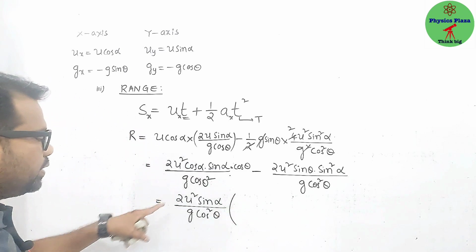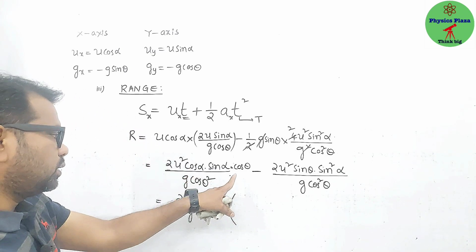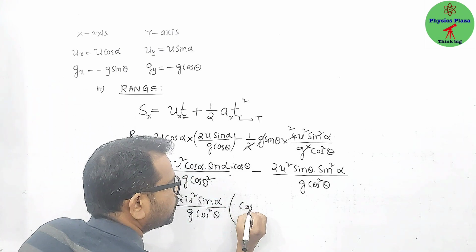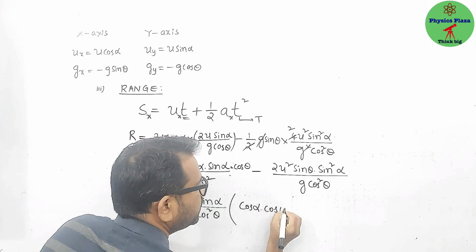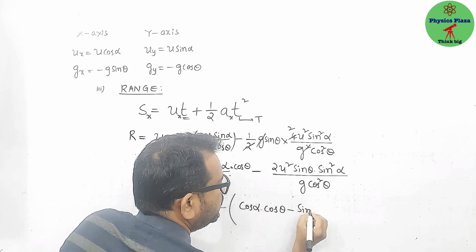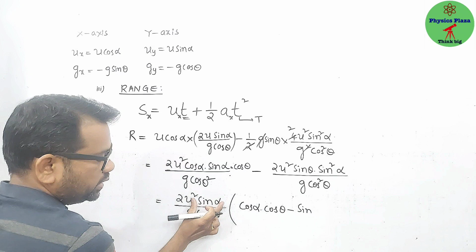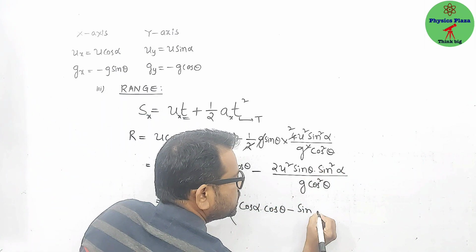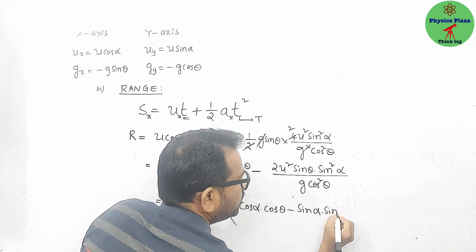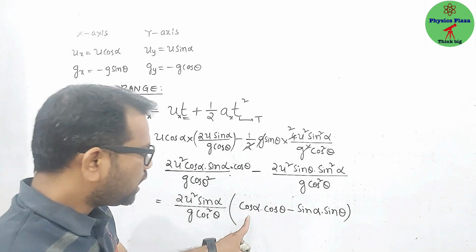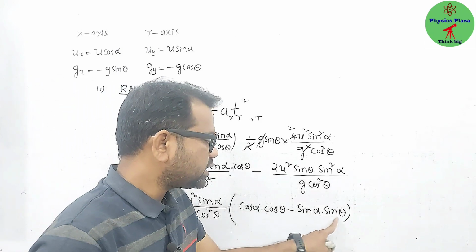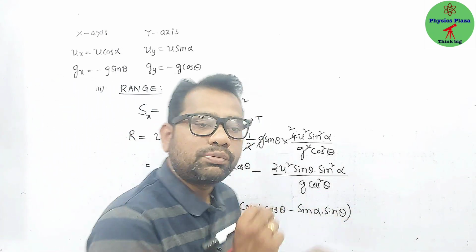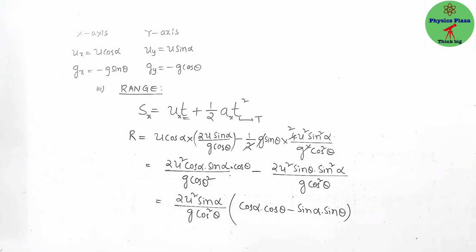Then the remaining term will be cos alpha into cos theta minus, here in sin square, one sin was taken outside, so one more sin will be there, sin alpha into sin theta. So now it is in the form of cos A cos B minus sin A sin B, which is nothing but the cos A plus B formula. So are you able to see? Let me just check. Yeah, okay, let me take this space here.